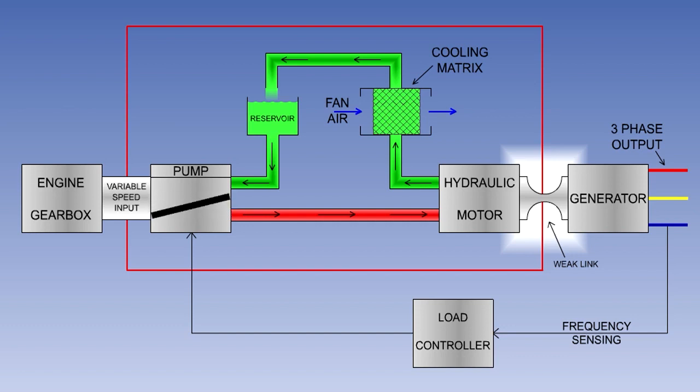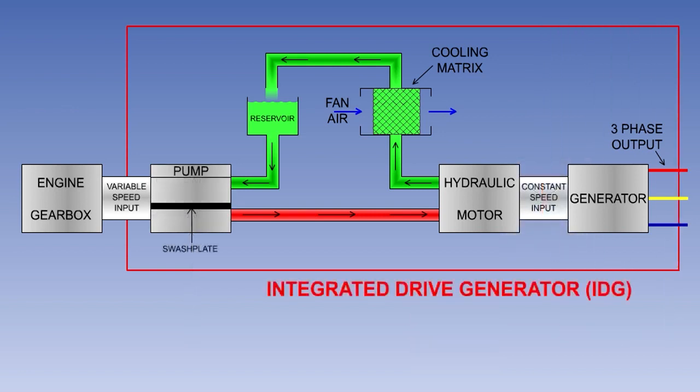This has a weak link, which will break before any major damage can be caused. Some constant frequency generators have their CSDU and generator combined in one unit, called an Integrated Drive Unit, IDU, or Integrated Drive Generator, IDG.